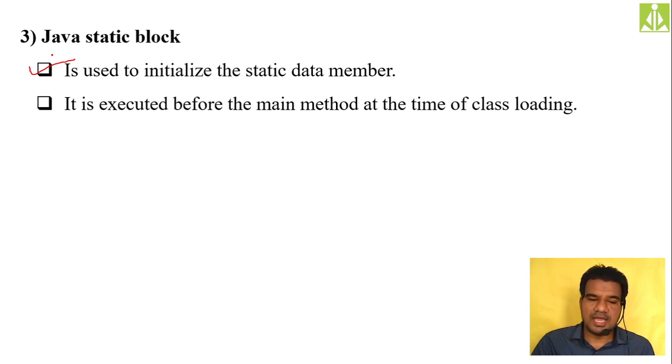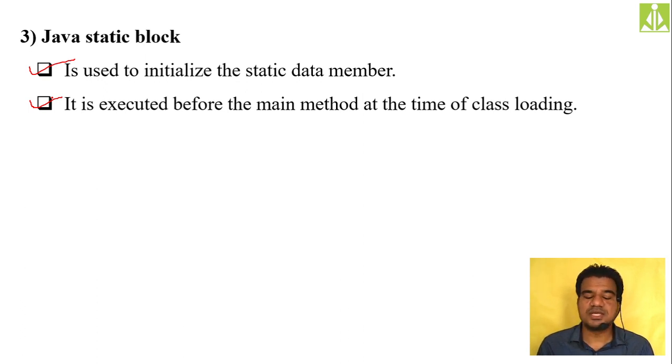Again, when you are creating a static block inside your program, that block gets executed even before the main method gets executed. I will demonstrate this to you, how it will happen.